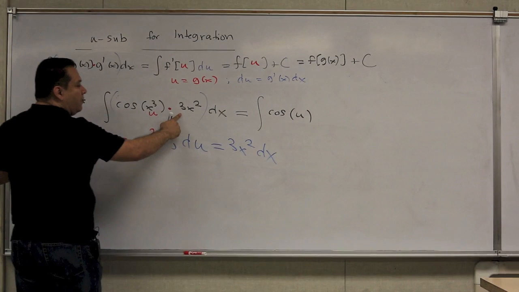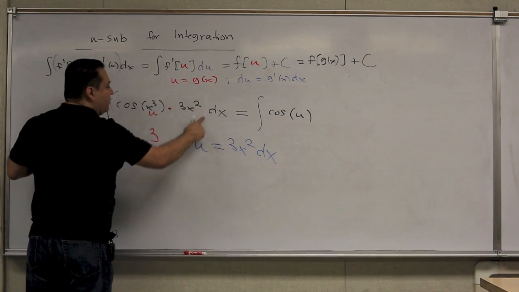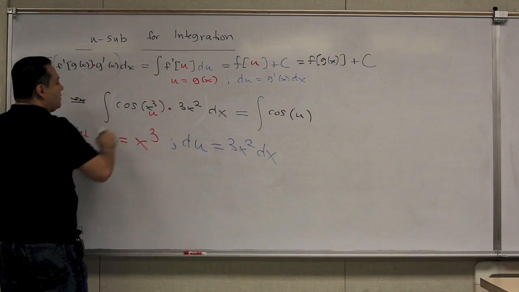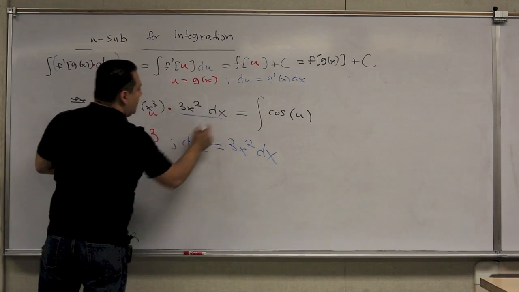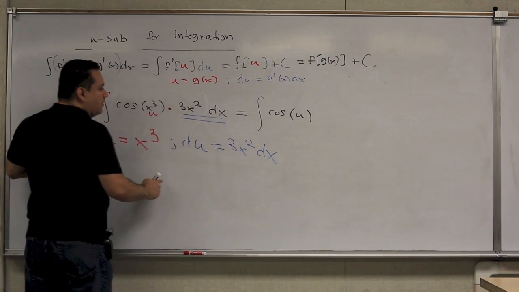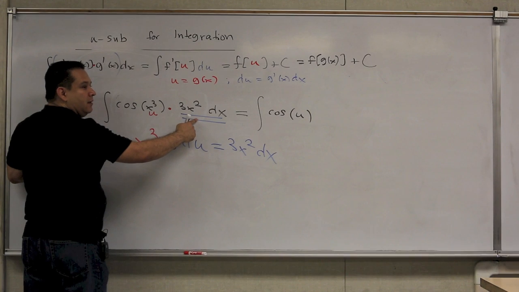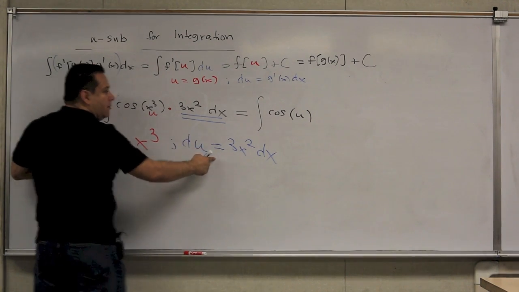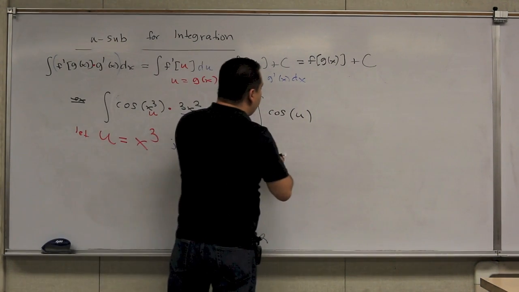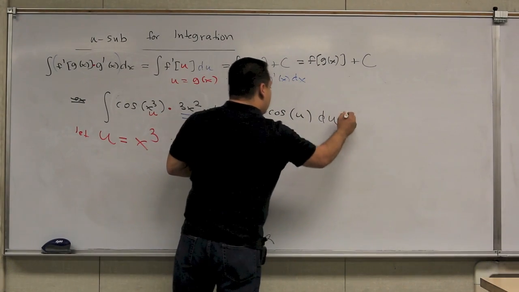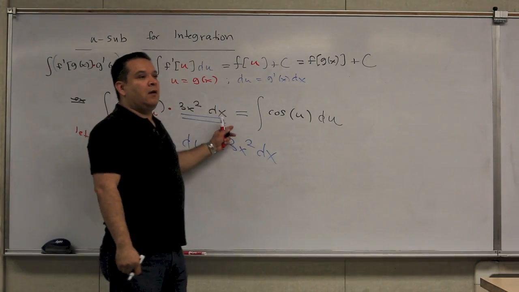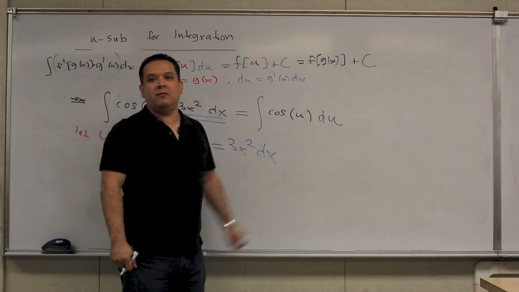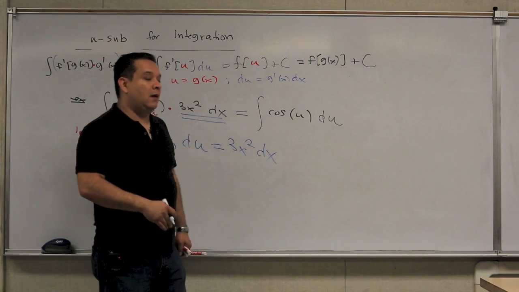And what is 3x squared dx? In other words, is that du? So this here is du. Can you guys integrate cosine u du? The answer is yes.